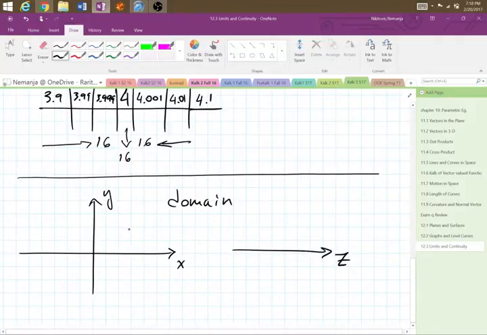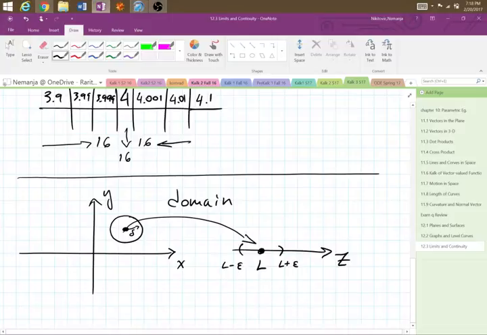So if you pick a point somewhere, there's going to be this circle with the radius delta around it, and the idea is for this point to map to a point L, which will have the interval around it as L plus epsilon and L minus epsilon, which are those epsilon and delta from the definition.